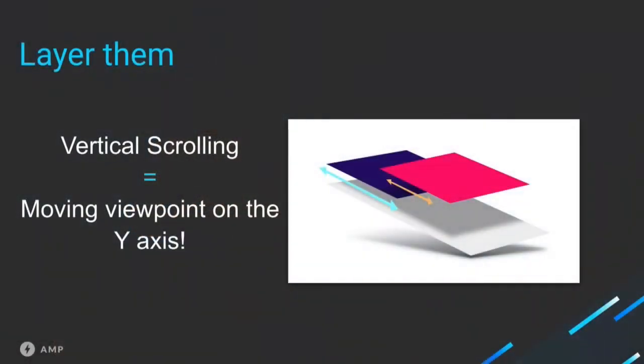Well, scrolling is the movement of the viewpoint on the y-axis. So if we create multiple layers on the z-axis at different distances from each other, they will move slower or faster relative to each other as the user scrolls. Of course, the distant objects are also rendered smaller than their intrinsic size.